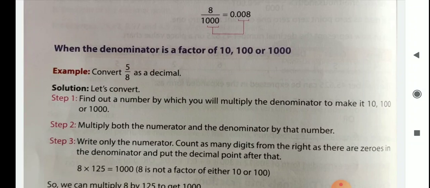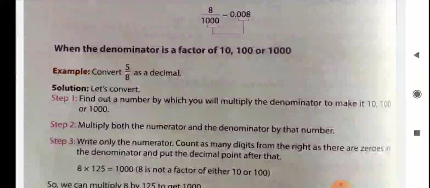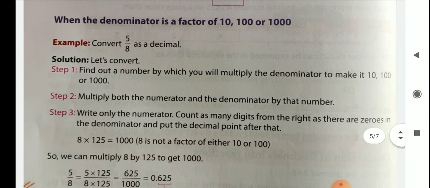Then step 3, write only the numerator. Count as many digits from the right as there are zeros in the denominator and put the decimal point after that. Okay, suppose, children, an example is given: 5 by 8.